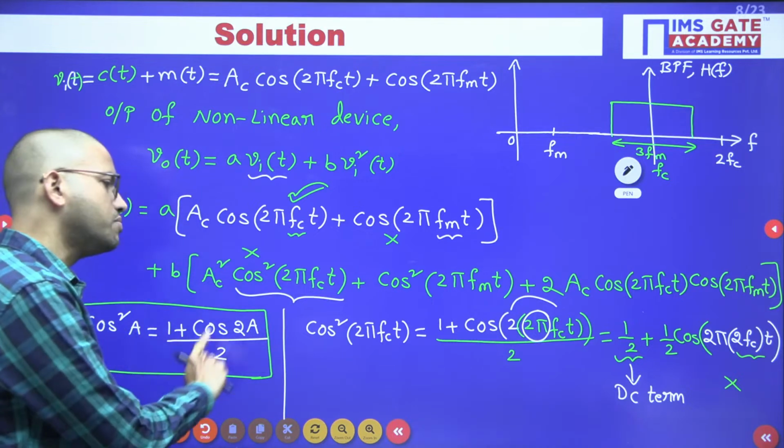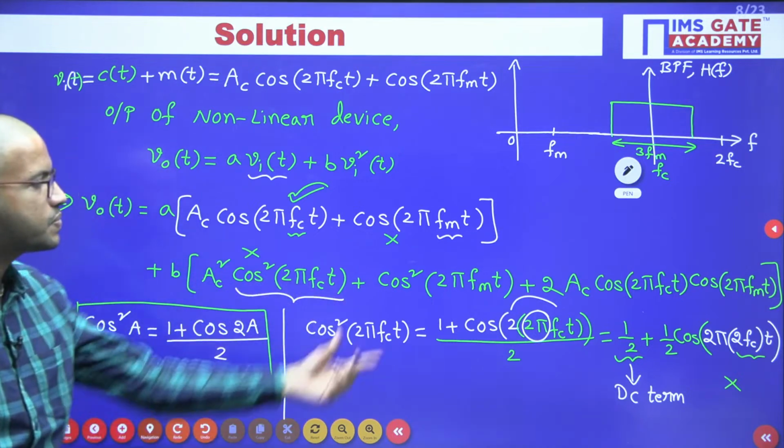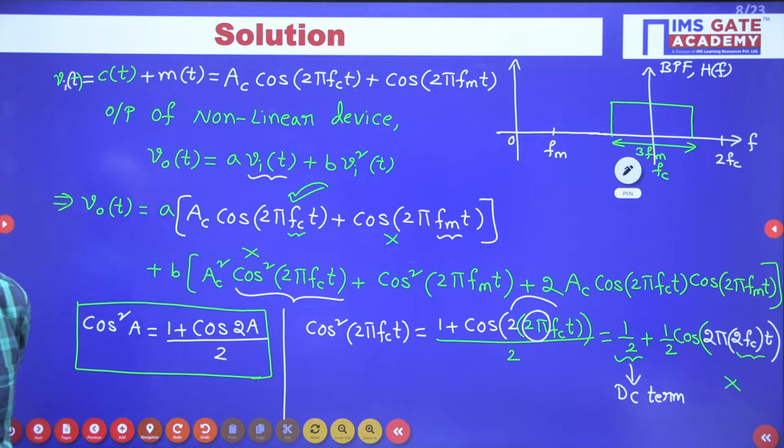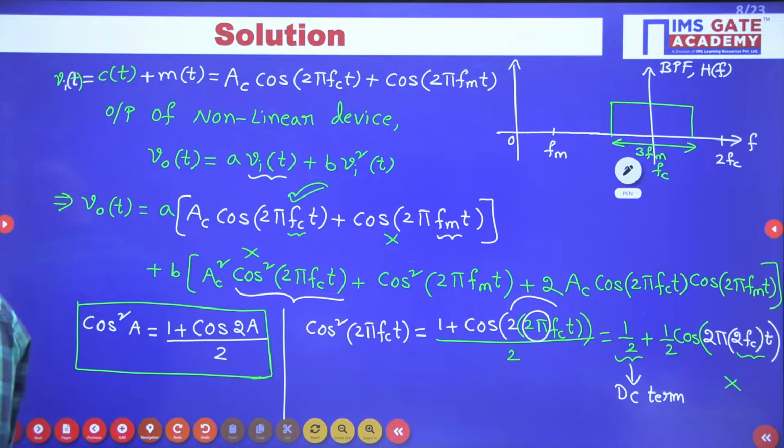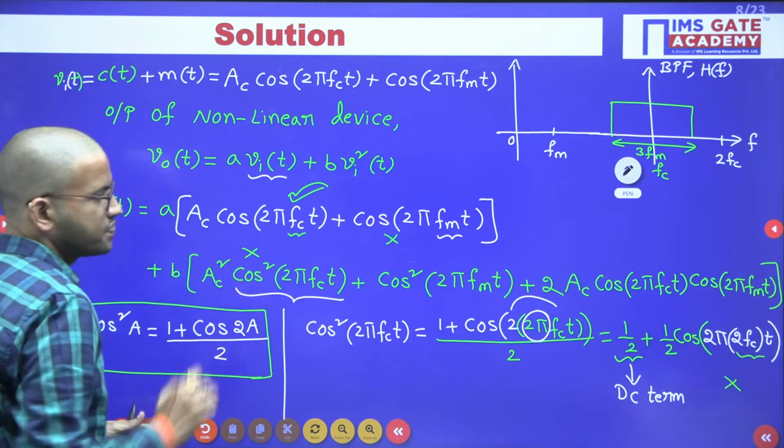A similar format, the same equation you can use regarding this particular term. All of you give a try, same equation.